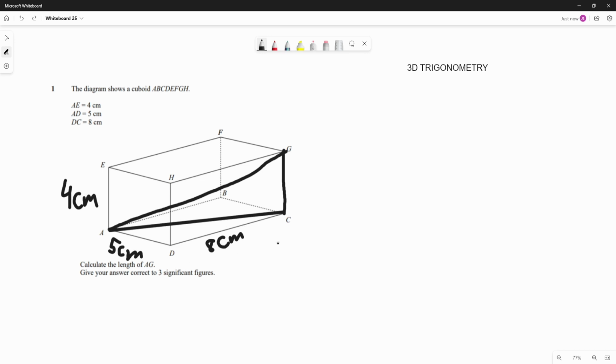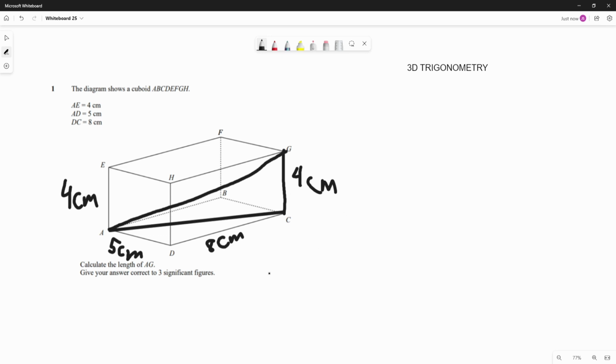So what we want to do is Pythagoras to find the hypotenuse, right? Now, G to C, because this is a cuboid, is also going to be 4 centimeters. So after we find the hypotenuse, we're going to do the same process and add it onto 4 squared.